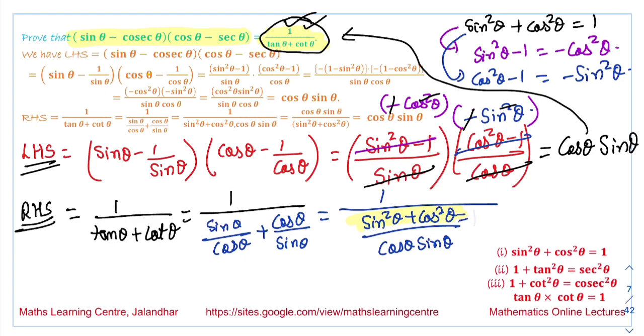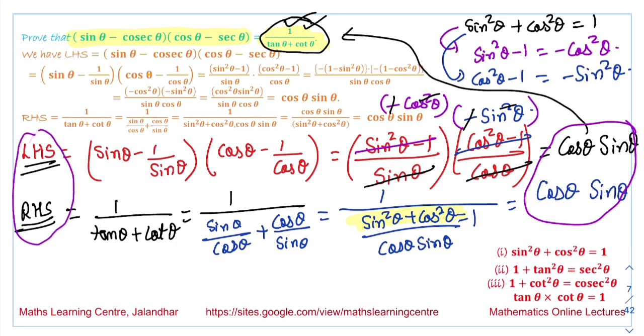It is equal to 1. So what we get is 1 over cos theta into sin theta, and from this we are saying that both these values, sin theta into cos theta, are equal, so LHS is equal to RHS. So this equality is proved.